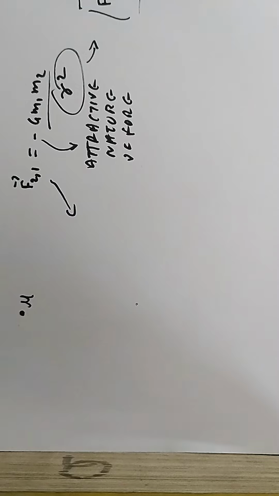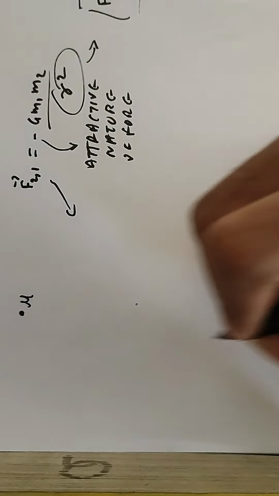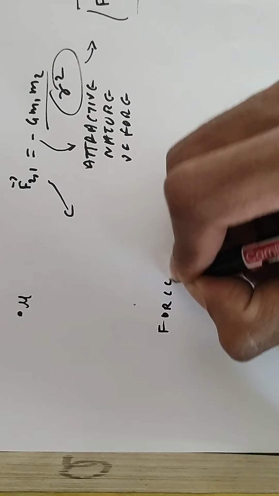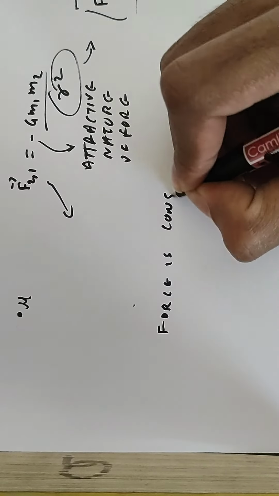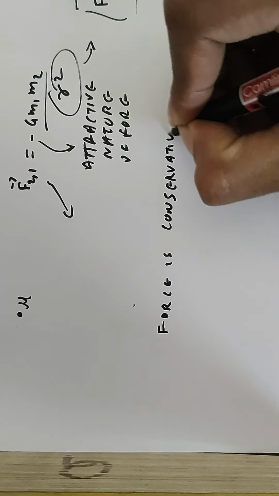Now, we have claimed in our lecture that the force is conservative. In the earlier lectures in our classroom, I have shown you what it takes for the force to be conservative.